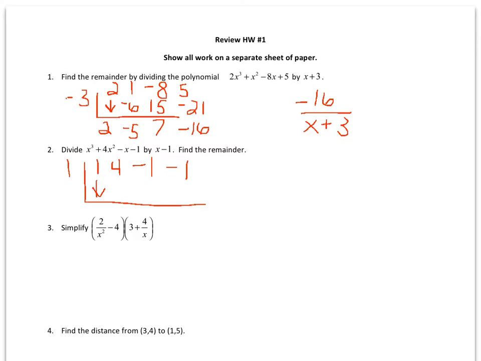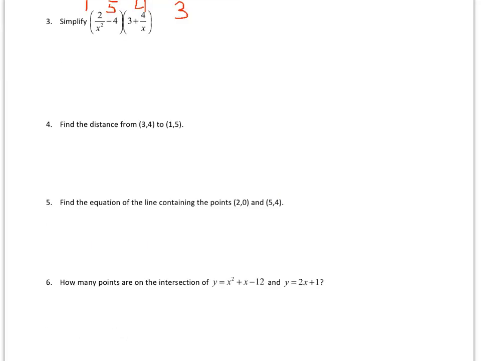So if we drop down the 1, 1 times 1 is 1, 4 plus 1 is 5, 1 times 5 is 5, 4, 4, and 3. So our remainder for this problem would be 3 over x minus 1.